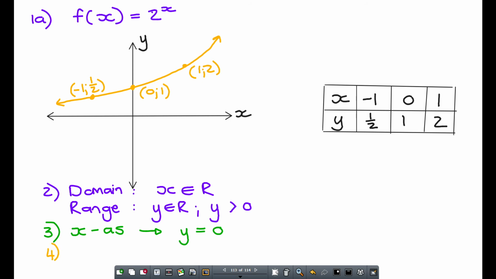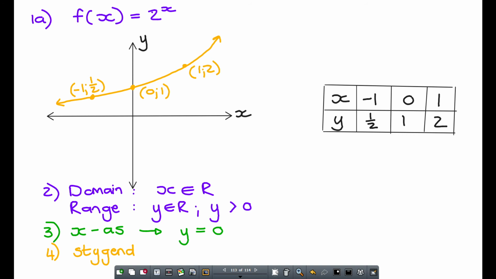Nommer 4 vra hulle vir my die waardes van x waarvoor die grafiek stygend is en die waardes waarvoor dit dalend is. Okay, so hierdie is net 'n stygende grafiek, nee. Daar gaan nie waardes wees waar hy dalend is nie, want hy gaan nooit daal nie. Okay, so that is it there.